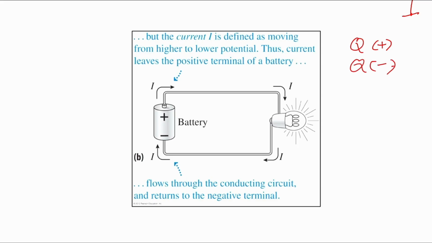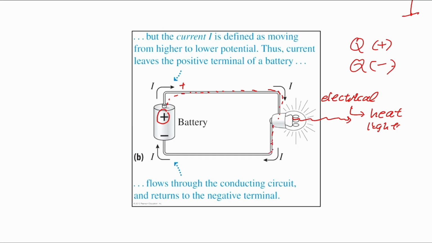So in this picture, we assume some positive charge starts from the positive terminal of the battery and moves along the circuit. When the charge passes through the light bulb, it delivers its energy. It means it converts the energy from electrical, which is carried by the charge, to heat and light.